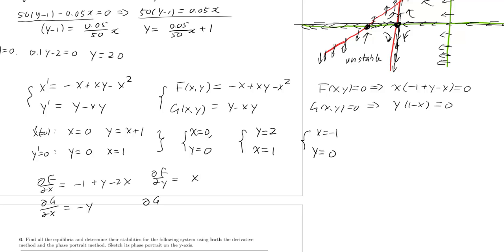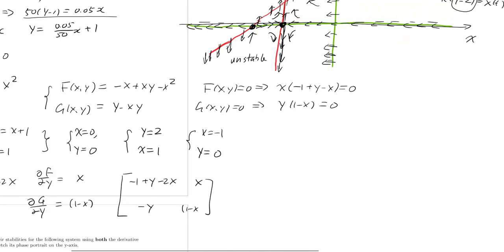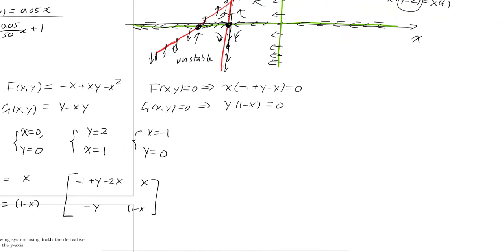And partial g, partial y, that's 1 minus x. So we have the Jacobian matrix over here: negative 1 plus y minus 2x, x, negative y, and 1 minus x. Now we need to plug in the values of these equilibria and look at the matrix.